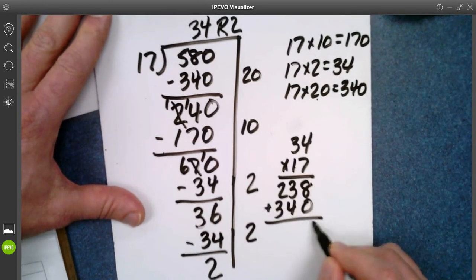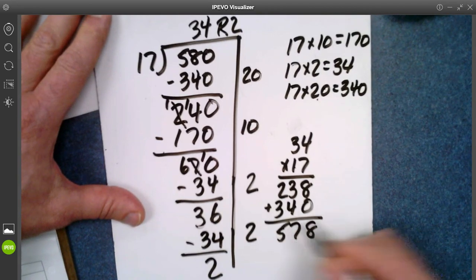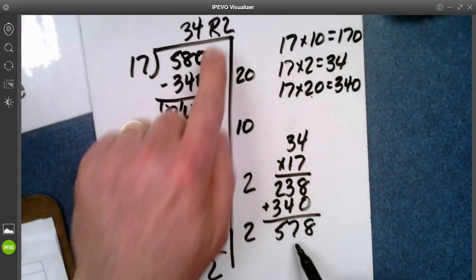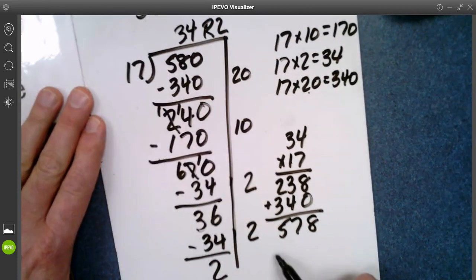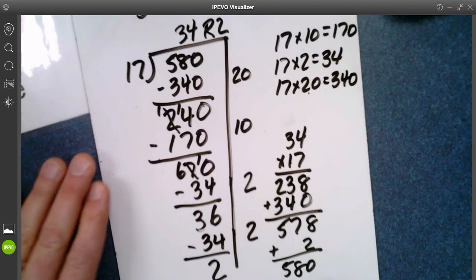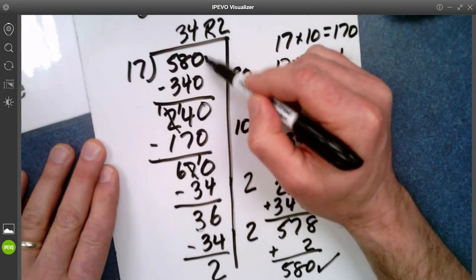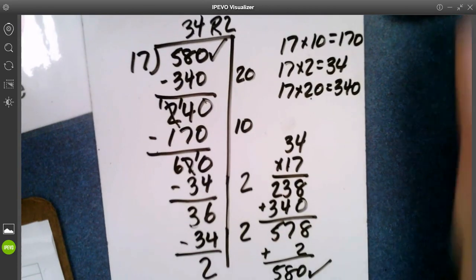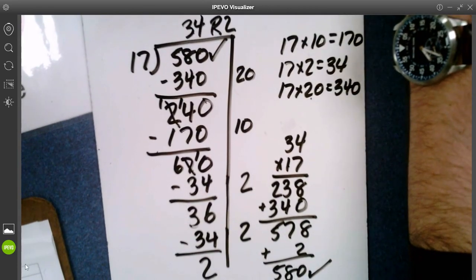Now I add them up. 8, 7. I get 578, but then what do I need to do? I need to add in my remainder. So 578 plus 2 is 580, and look at that. That matches, and that matches, and I got it right. Yay, me.